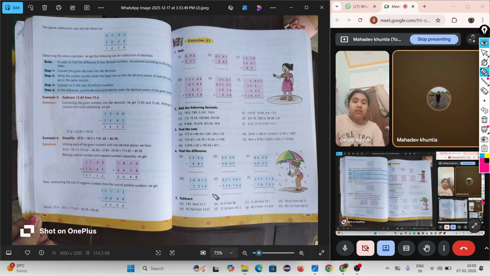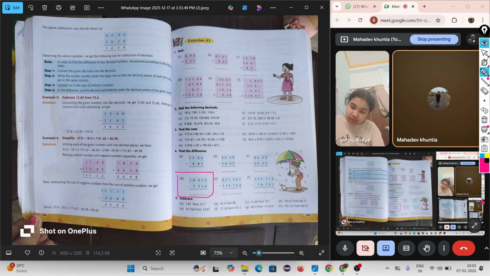Only try one of these. Question number D. Quickly try question number D. You have to subtract. That is already written in column method, so you only have to write and find the answer. Are you doing?